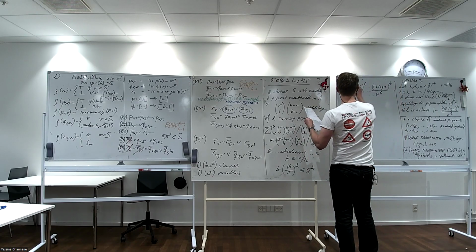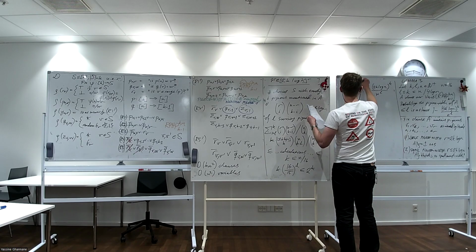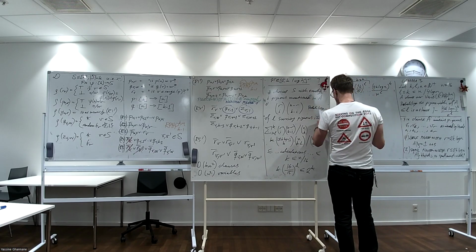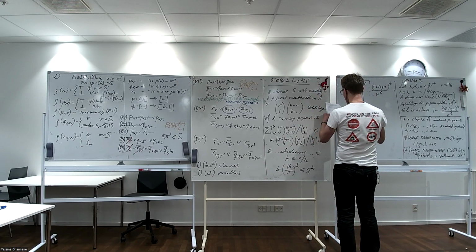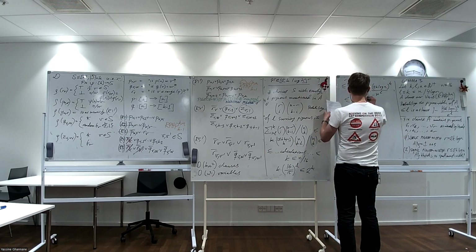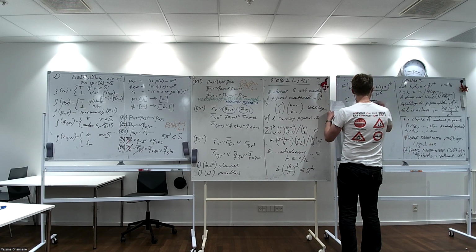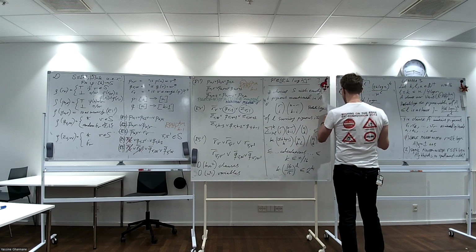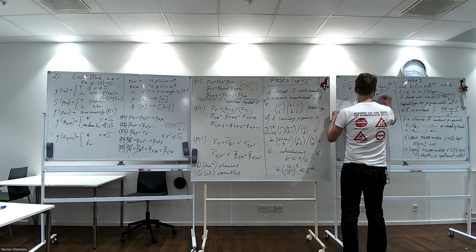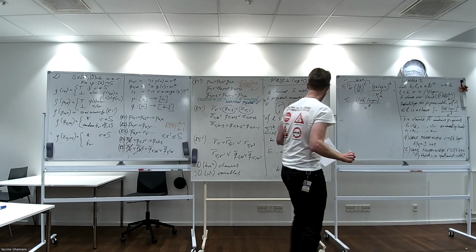And now you see, this was at most 2 to the k. And so we get something like 4k log n raised to the power of L, and this is raised to the power of k.